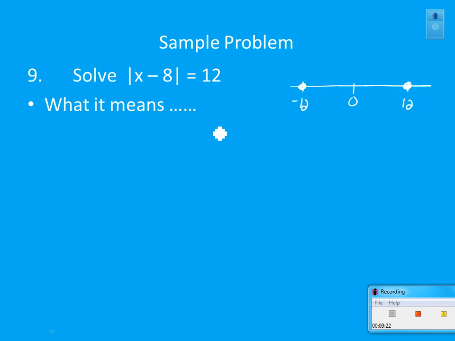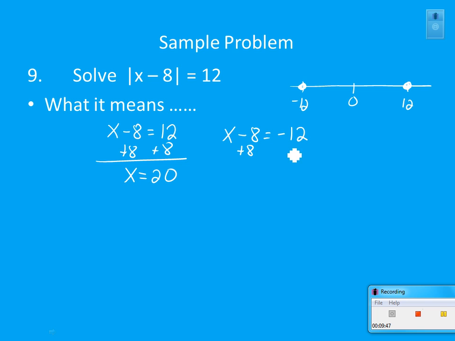So my thinking is some number minus 8 is going to put me 12 units to the right of 0. Some number minus 8 is going to put me 12 units to the left of 0. Hey, now just solve these 2 equations. Add 8 to both sides. So I got x equals 20.